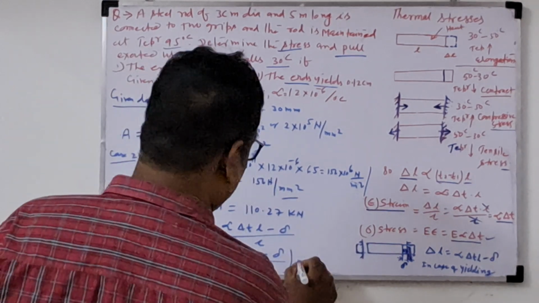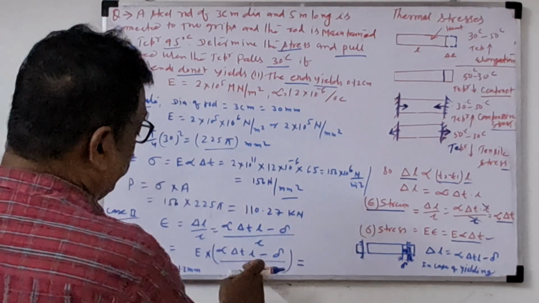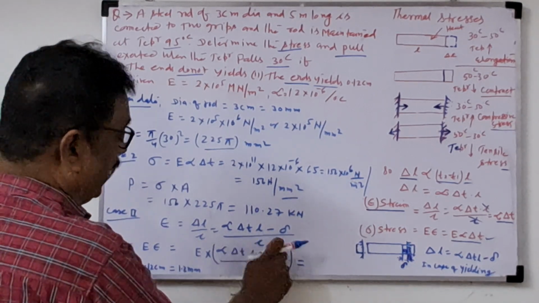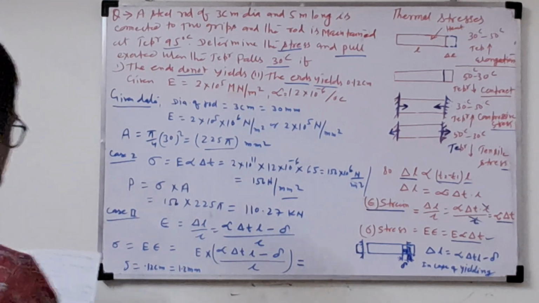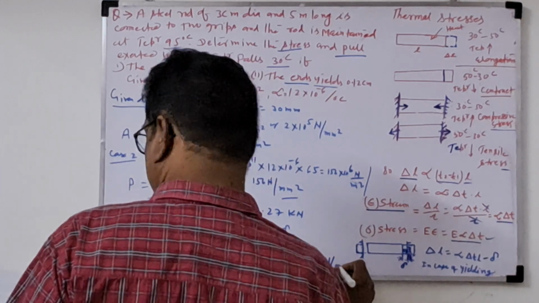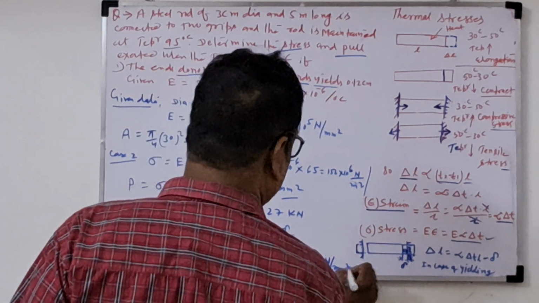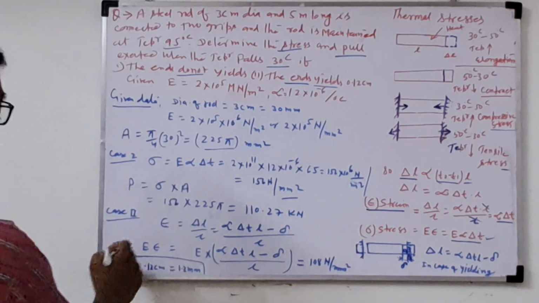If you substitute all the values given here, L we cannot cancel, because L minus delta is there. So L will not cancel. So this value will come 108 Newton per mm square. If you substitute, this stress will come in case 2.